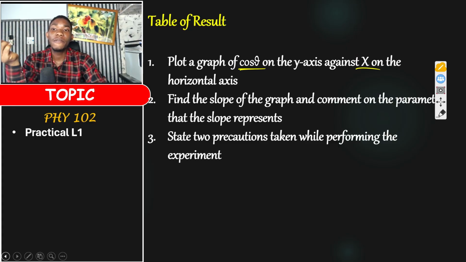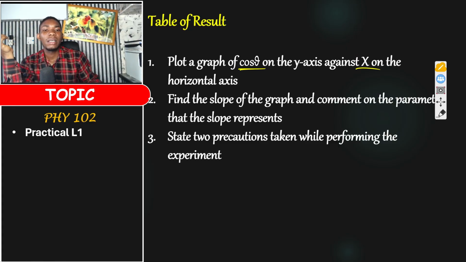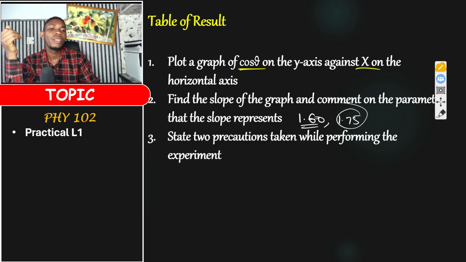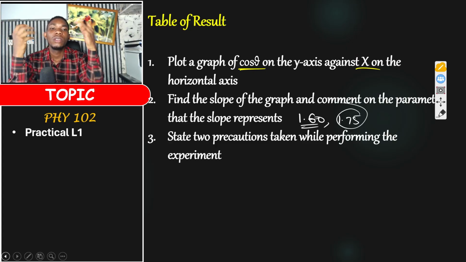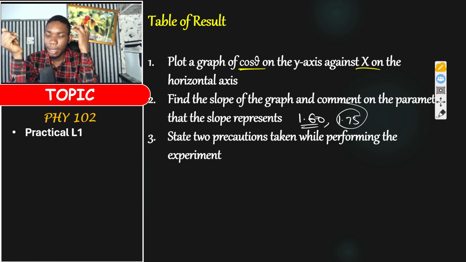The expected values you should be expecting, like the values I told you: normal glass is around 1.60, but if you got a value of 1.75, it's still within that range because of experimental errors. You just write all those things and then pad it up to give a very voluminous discussion on the parameter that the slope represents.